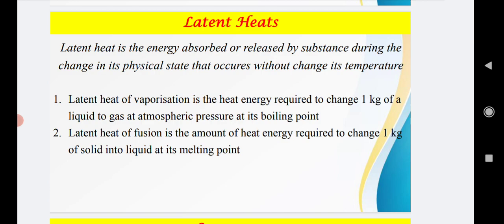Similarly, the heat of fusion is the amount of energy required to change 1 kilogram of solid into liquid at its melting point. So when you convert 1 kilogram of ice into water at its melting point, that is around 0 degrees Celsius, this is called latent heat of fusion. So what is latent heat? It is the energy absorbed or released by the substance during a change in its physical state that occurs without a change in its temperature. Okay, this point is clear.